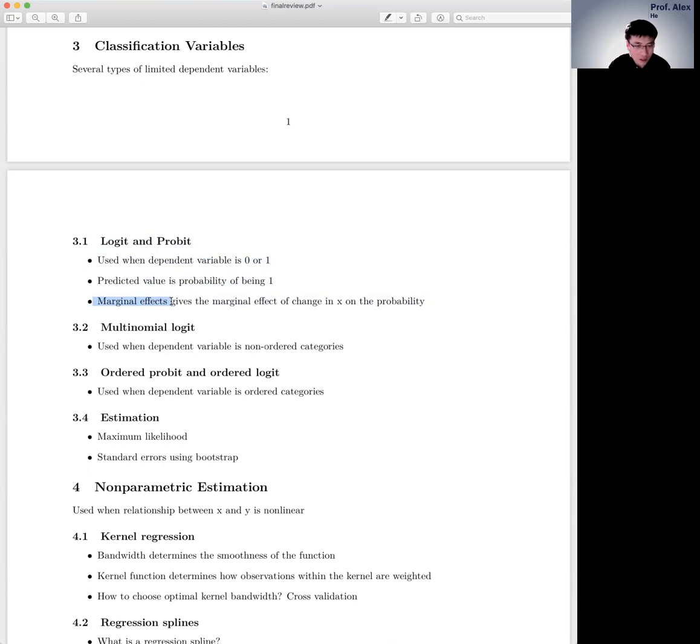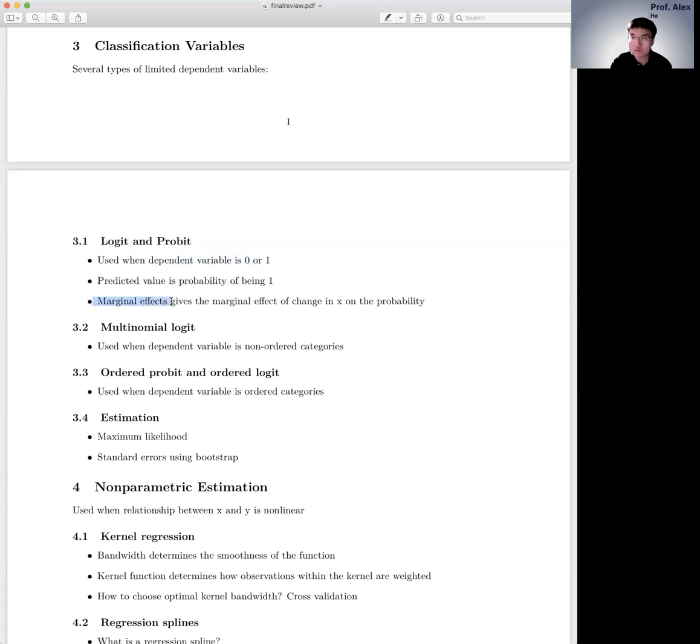So you should check the notes on that. And only that will tell you what is the change in Y for every unit change in X. Okay, so you always have to calculate the marginal effects. And in Python, you would have a function to do that.